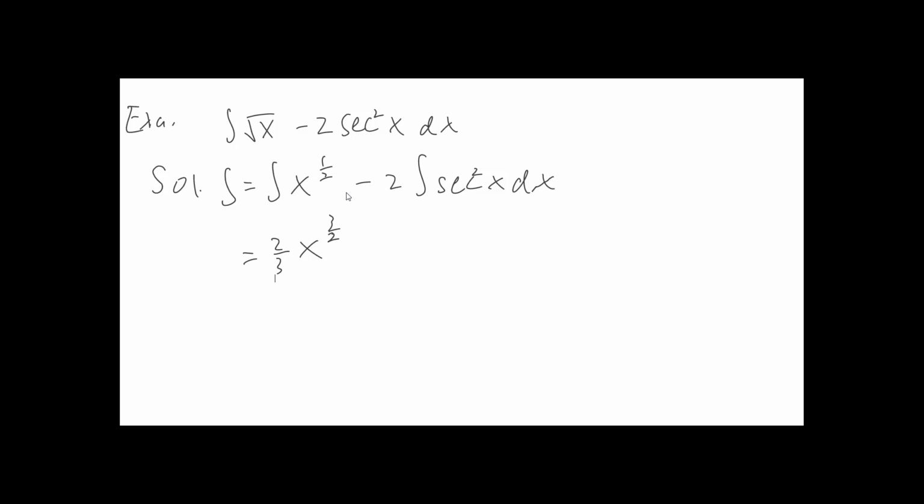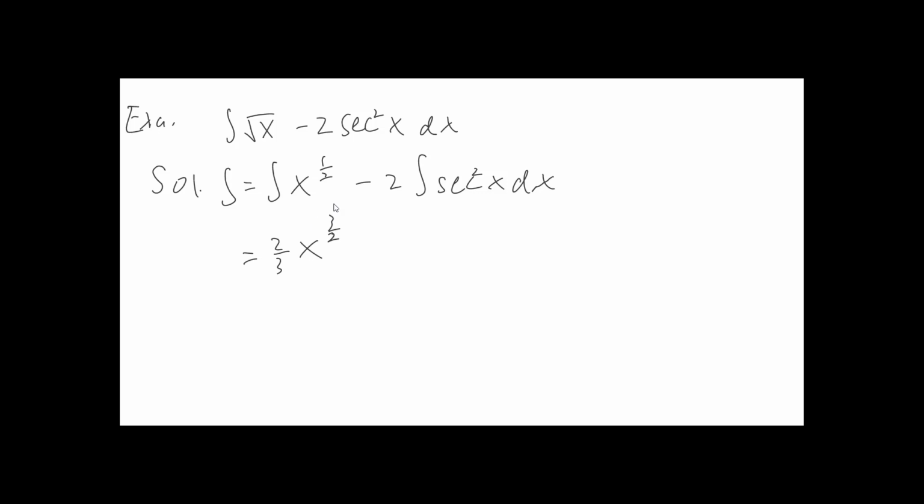It's a good idea to double check whether this is the correct answer. You can do a quick power rule to take the derivative. In this case, 2/3 x to the n minus 1, so 3/2 minus 1, that is 1/2. Then you bring the 3/2 to the front, and that cancels with the 2/3.